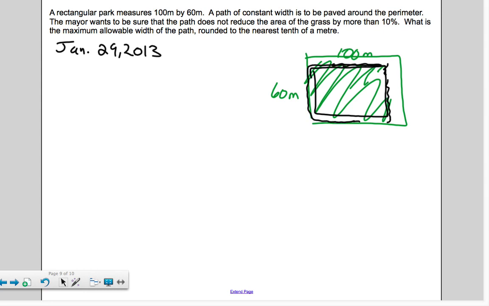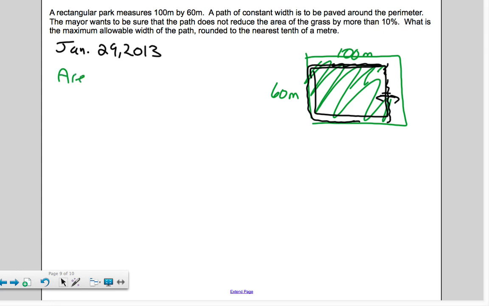The question is, how do we get a path in here, right? What's the maximum size of that path so that we don't take more than 10% away of the grass? Right? We don't want to reduce the area of the grass by more than 10%. Okay? So first of all, what's the area of the grass right now? 6,000.